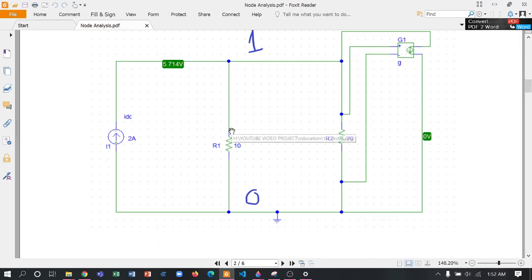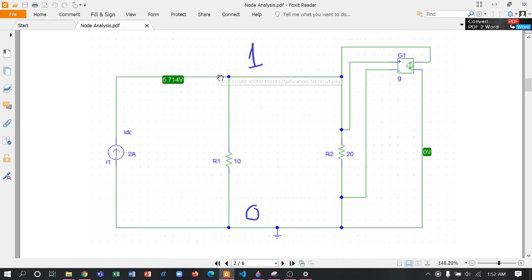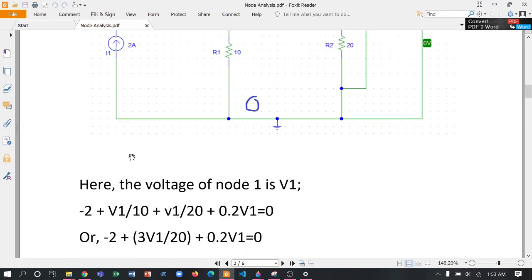conclusions. So here we say that the current from node 1 to node 0 on this path is -2, because the directions are opposite. We are assuming the direction here, but the direction is here. So we have taken -2.